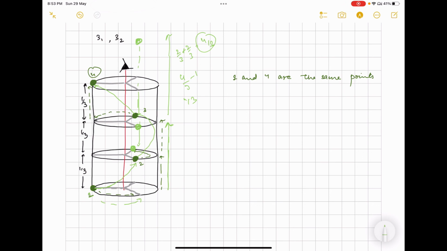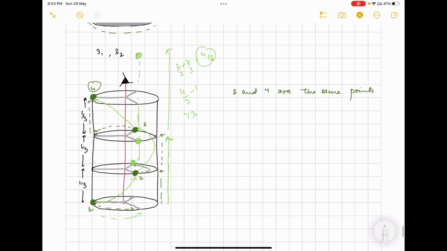Okay, so this is how you make that. Okay, so for the second third point it reaches 4 by 3, so that goes out of the unit cell.